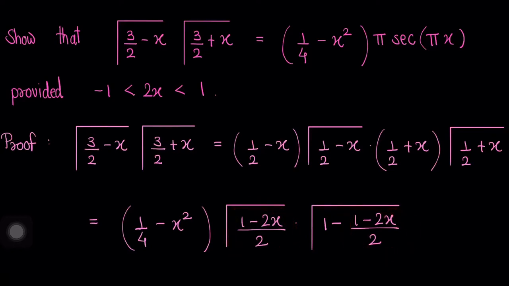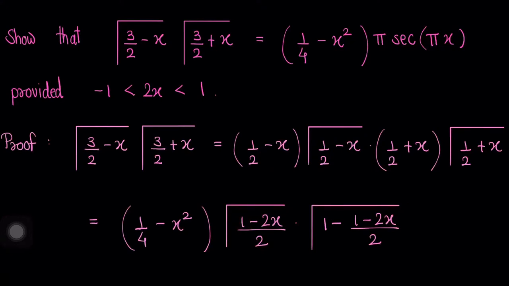So again, if we check the value of this, that is (1 minus 2x) upon 2, it lies between 0 and 1. And here we can use Euler's reflection formula. Since our x is between minus 1 by 2 and plus 1 by 2, if we calculate (1 minus 2x) upon 2, then it will lie between 0 and 1.